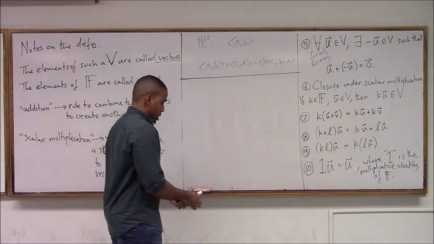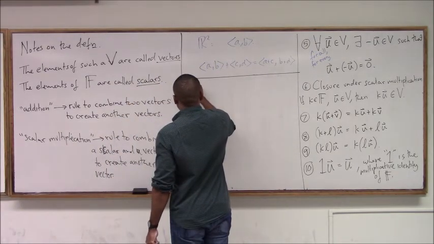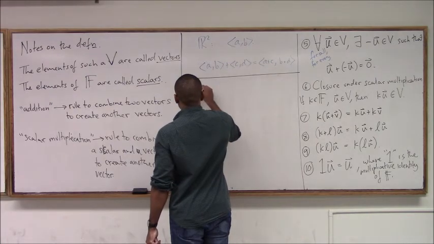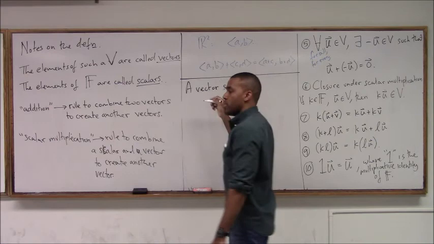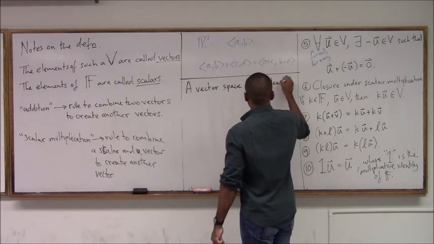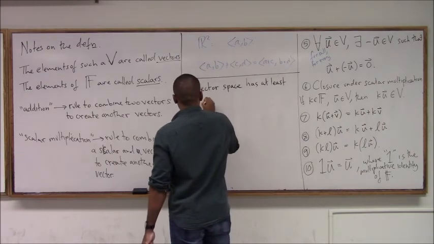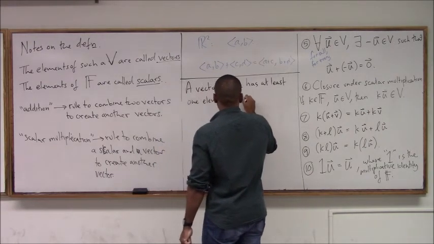What else do I want to say? Again, a vector space has at least one element. So there's no empty vector space. Namely, which element?